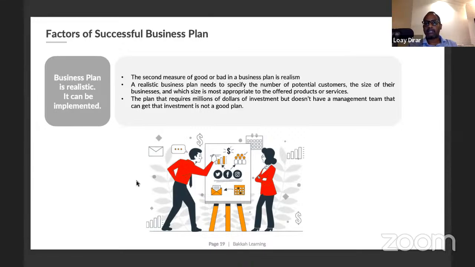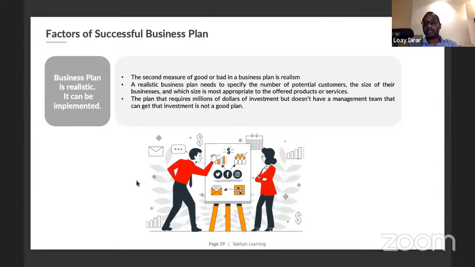And definitely, the more time you spend, as I mentioned earlier, the better, to make sure that your business plan is close to reality. So a second measure of a good or bad business plan is its realism: is it real or not?